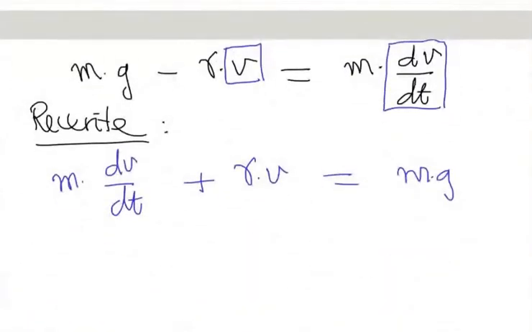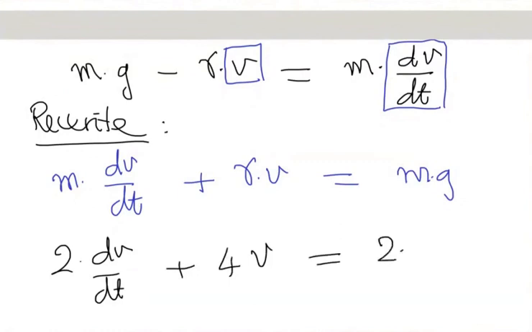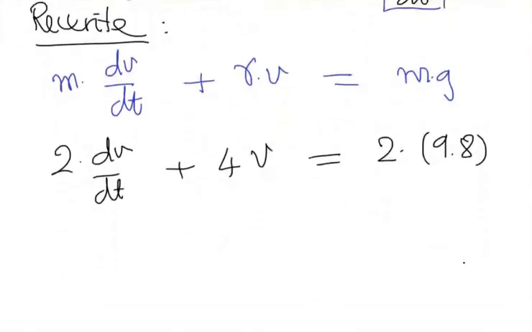So we get 2 dv/dt plus 4v equal to 2 times 9.8. This is the general format of a linear equation. Let's put it in the standard form.